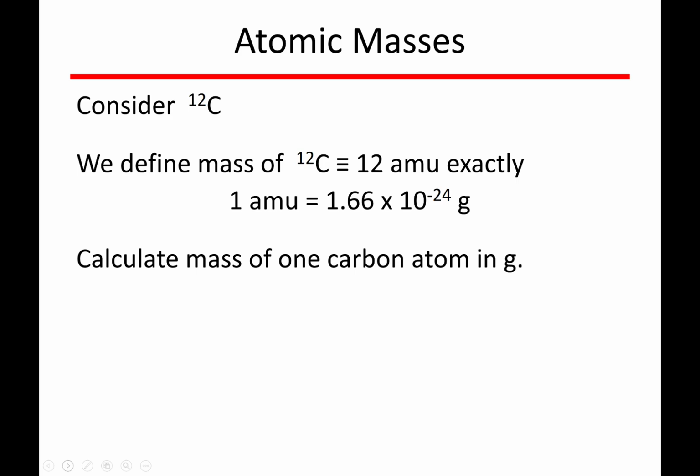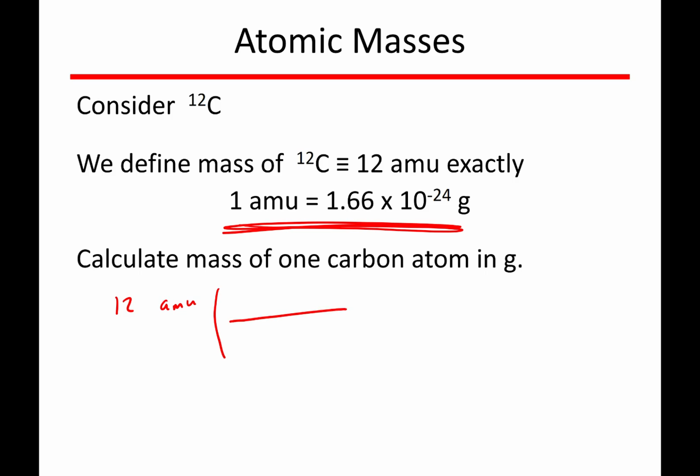So if 1 AMU is 1.66 times 10 to the minus 24 grams, then to find the mass of 12 AMUs, you would just multiply that by 12. Let's show that and show how we can convert the units using our conversion factor here. So we have 12 AMU in this carbon atom, and then we're going to multiply that by our conversion factor.